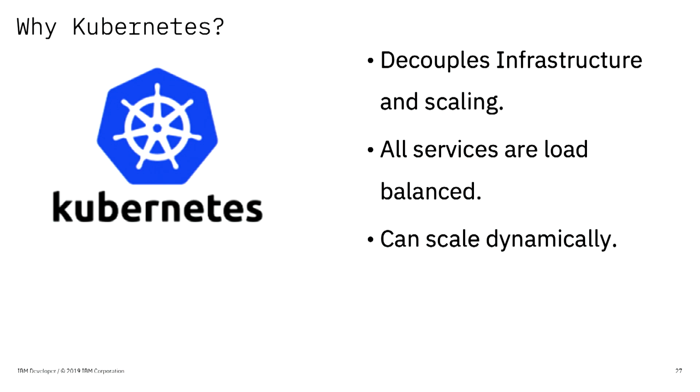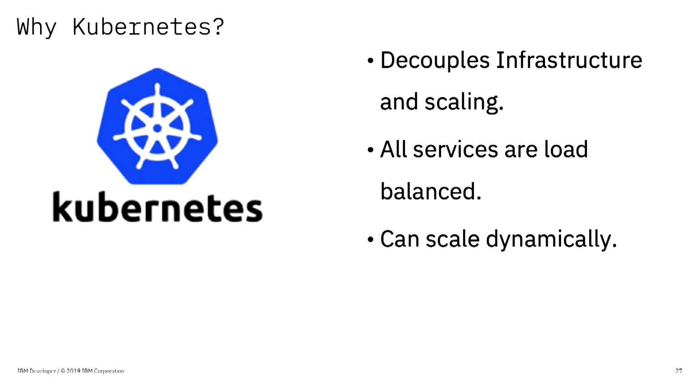Why we chose Kubernetes? Because we can scale dynamically. We can just change the replica counts from X to Y, and Kubernetes steers the ship to meet my requirements. I don't have to worry about load balancing. All services are load balanced.